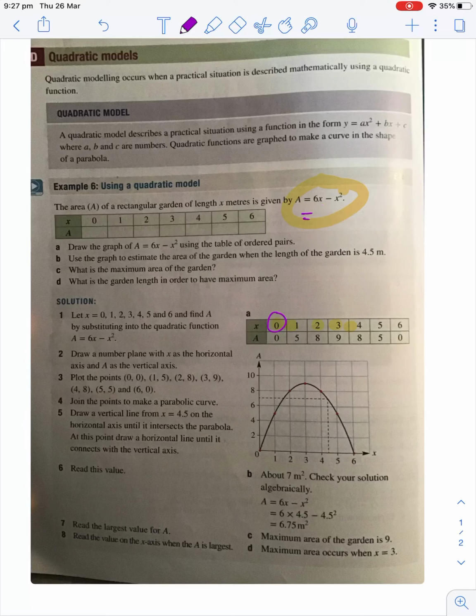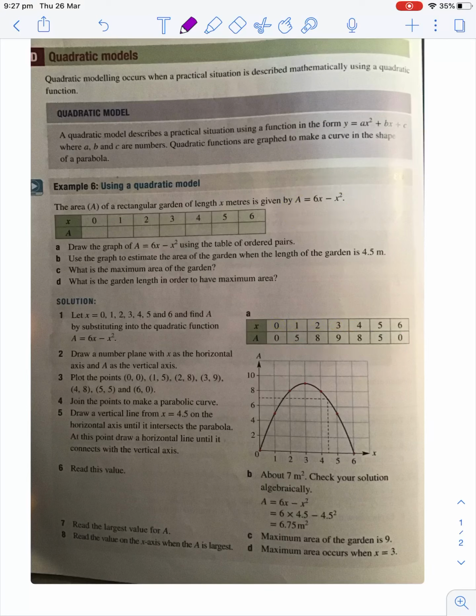Then for x equals 1, we get 6 times 1, take away 1 squared, and that will equal 5. That's how we get our 5 right there. Pretty standard stuff. You would have been doing this a bit last lesson. When you finish that, you should get all these values.